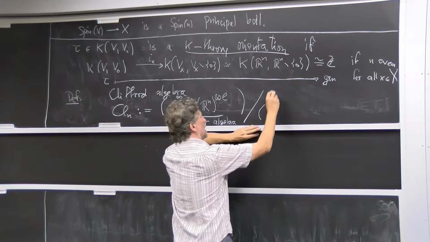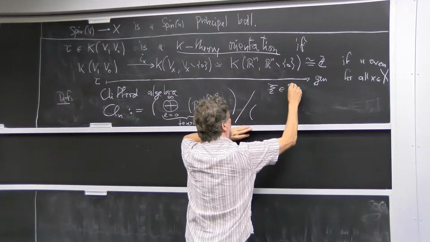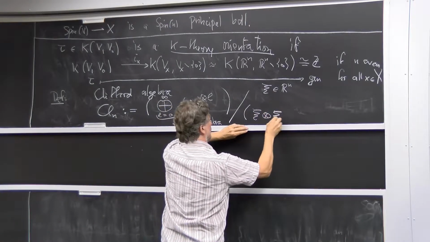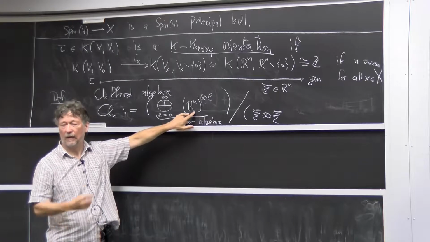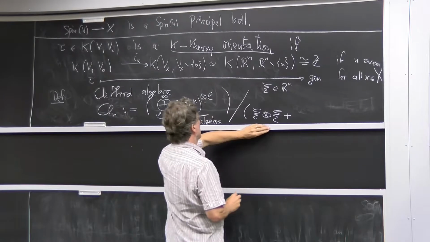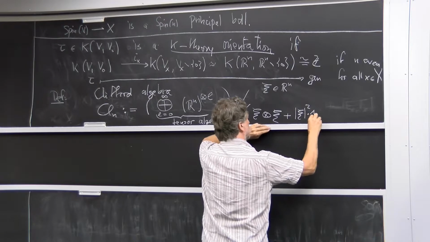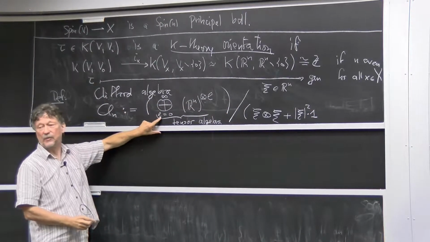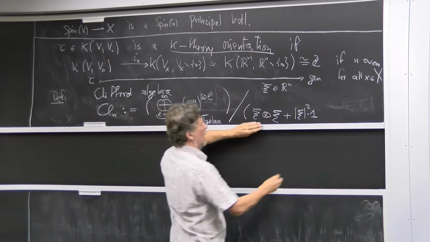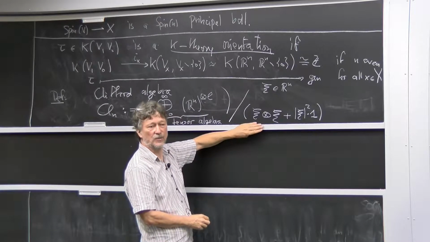Well, for any element psi in Rn, I can take psi tensor psi. That's a particular element in that power 2, right? And then I can add to it another element, which is just the norm of psi squared times 1. So that sits in the sum at L equal to 0, which is just a copy of R. I take the ideal generated by that, mod that out, and that's the Clifford algebra.